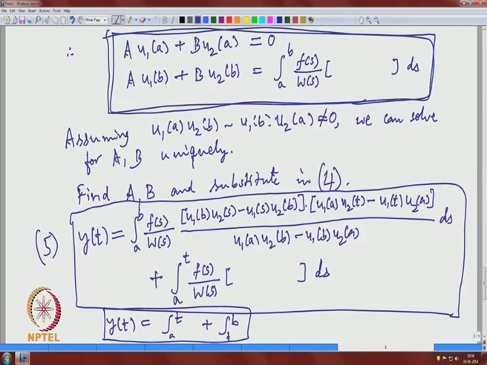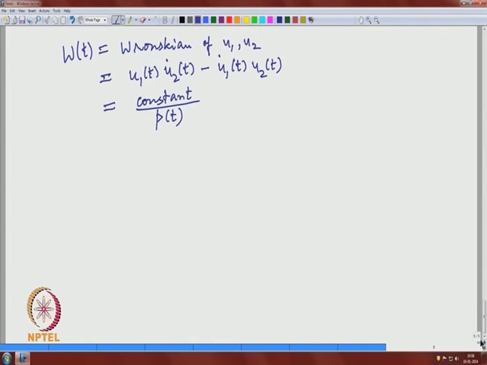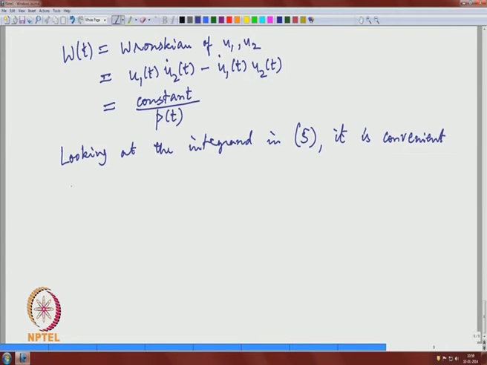So, looking at the integrands in phi u, it is convenient to introduce the following functions.